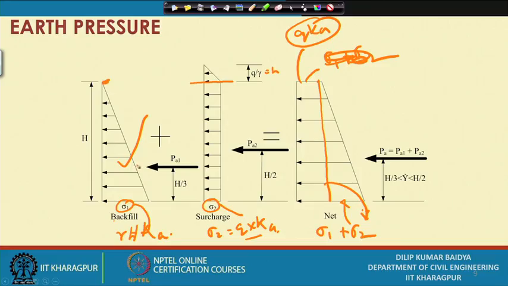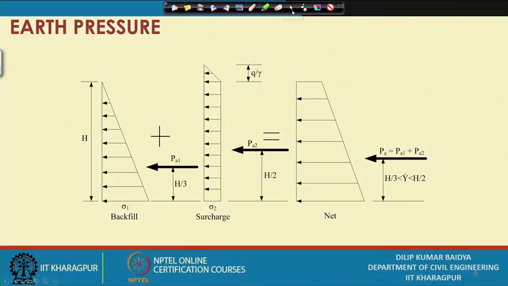And to find out the point of application, obviously you have to find out the individual point of application here, individual point of application here, and then the resultant point of application here, by taking moments, considering the moment equilibrium.